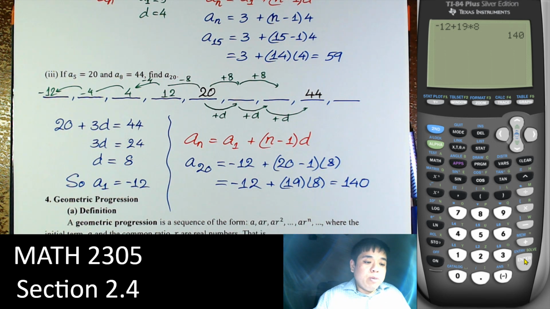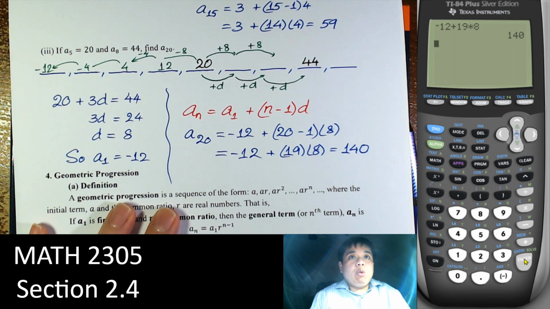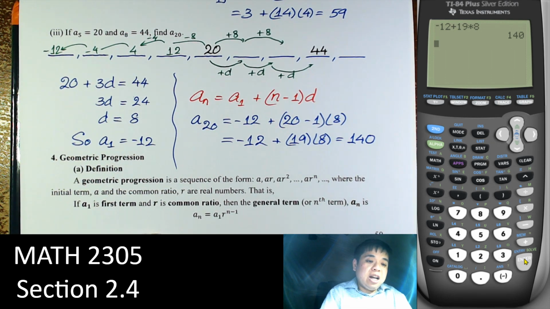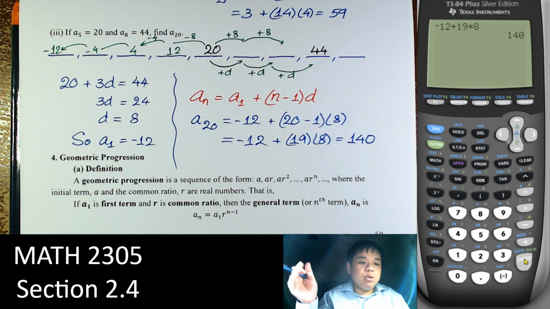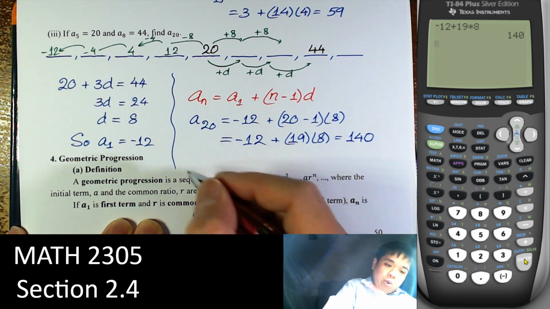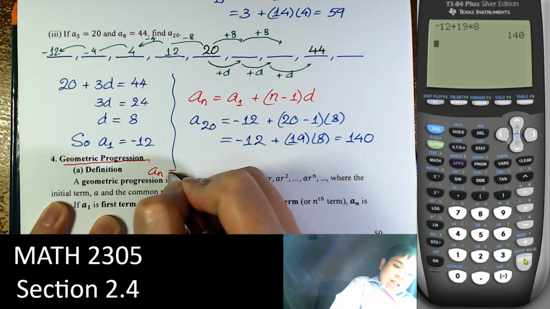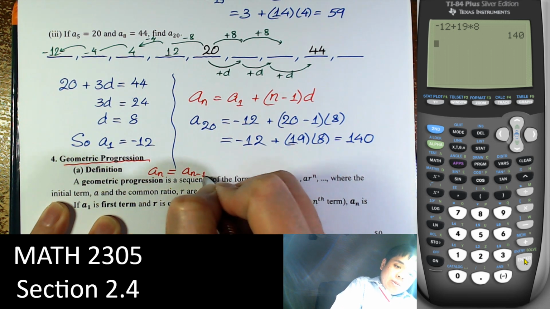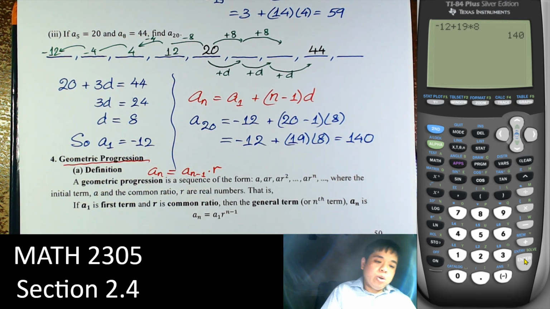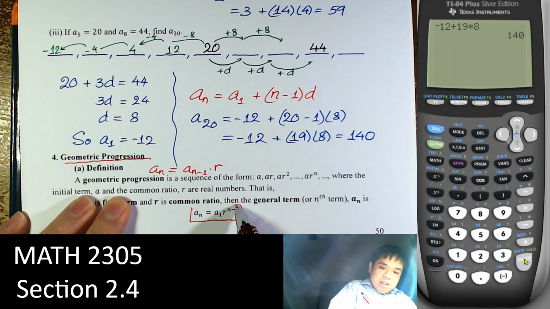Next we have a geometric progression. Geometric progression is just, instead of adding the same thing to get the next one, we multiply by the same thing. So we could say, recurrence. This is geometric. We can say a sub n is equal to the previous term times the common ratio. So the first term a1, and r is the common ratio, then the formula would be like this.